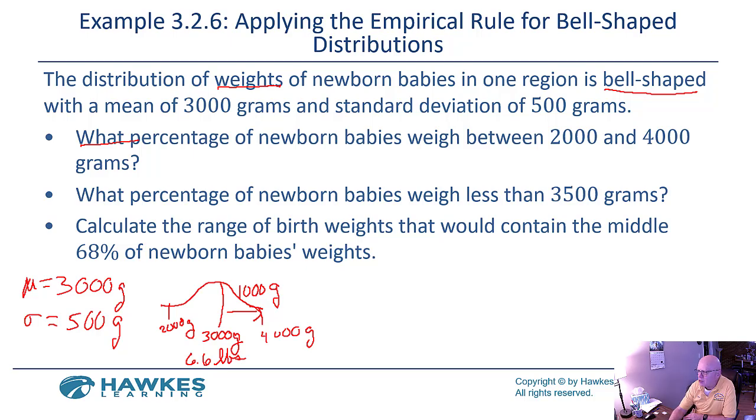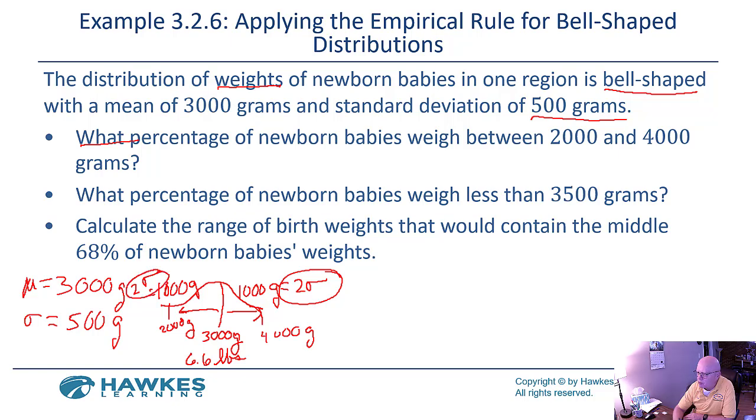Well, the standard deviation is 500 grams, so we're talking about 2 standard deviations. 500 times 2 is 1,000. On the other side, we're still talking about 1,000 grams from 3,000 down to 2,000. And that also corresponds to 2 standard deviations.